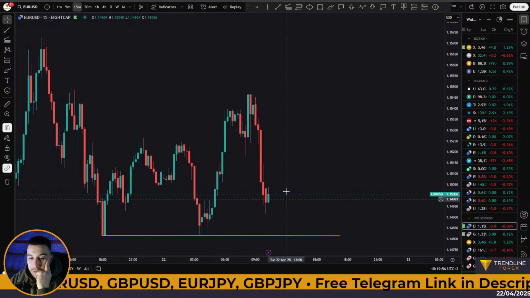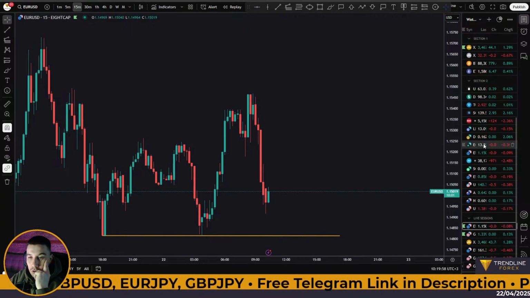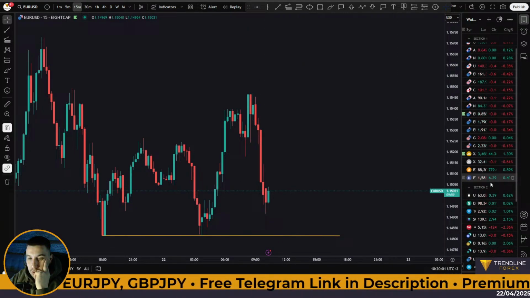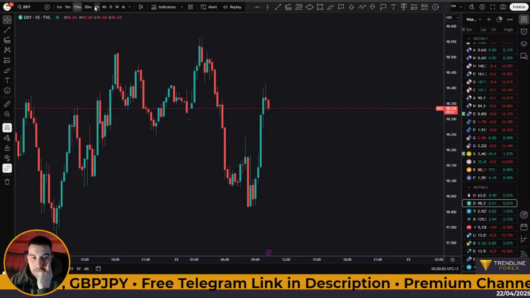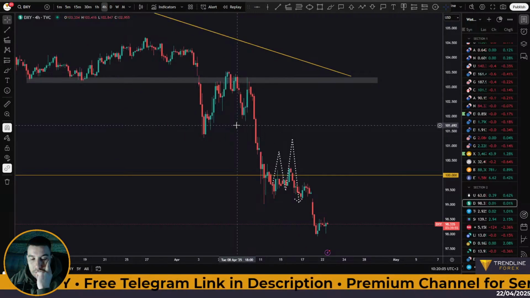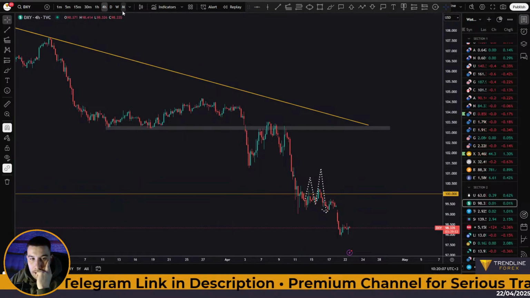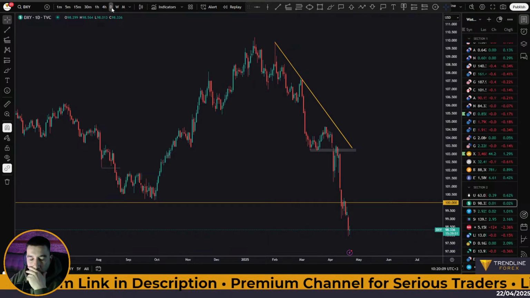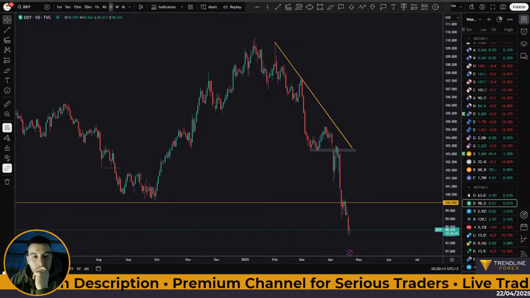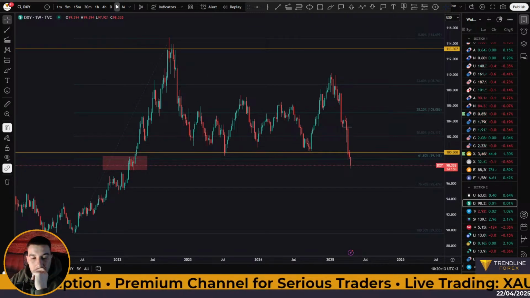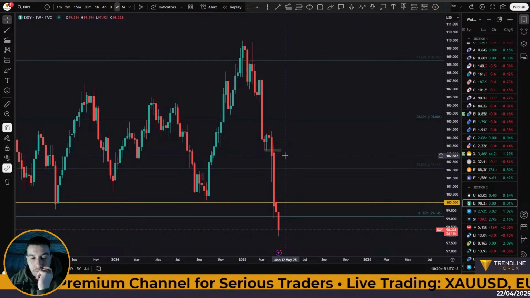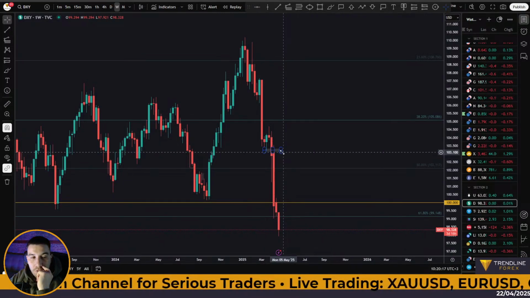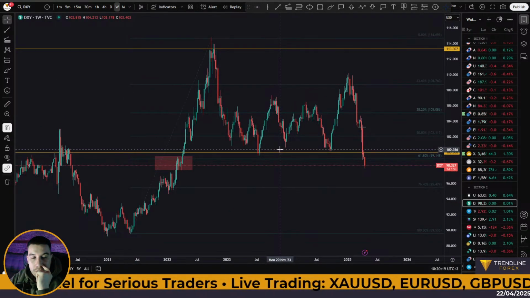We don't yet have a good enough rejection here on EUR/USD. So let's check out the dollar index. Being quite bearish for some time here on the dollar index.